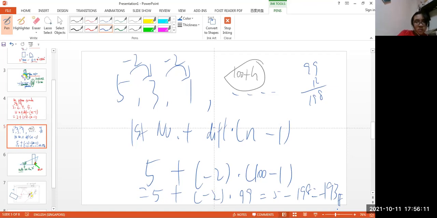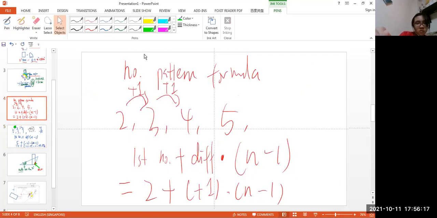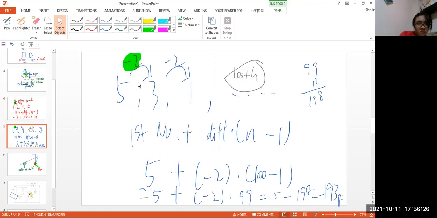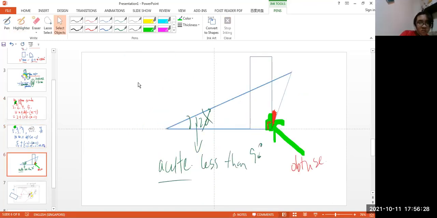Yeah. Remember the key. What's the key? The difference, you need to include the sign in front. Are you clear? Plus 1 for this case. Minus 2 for this case. What's the formula?